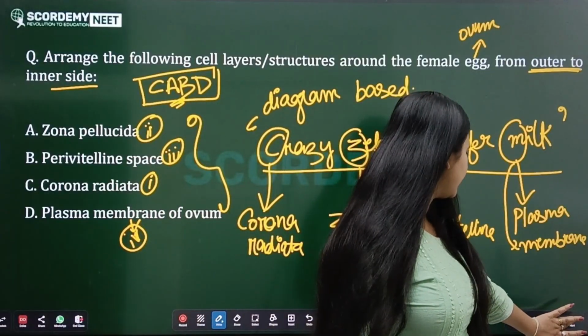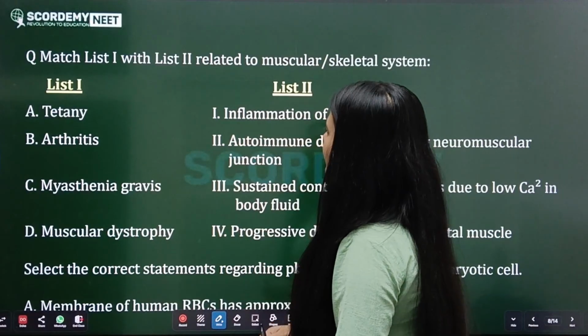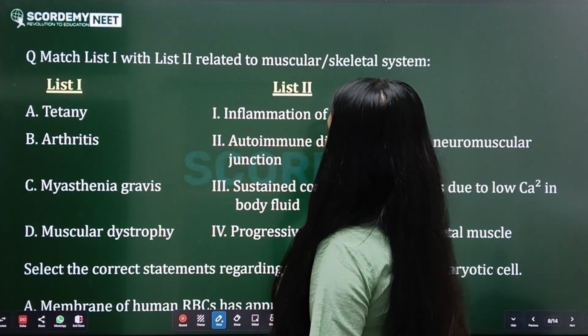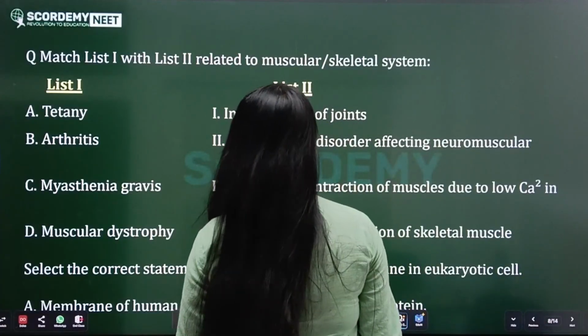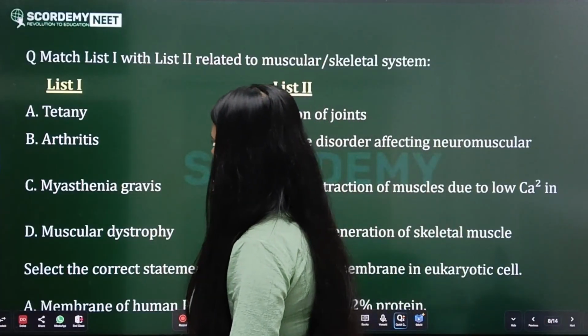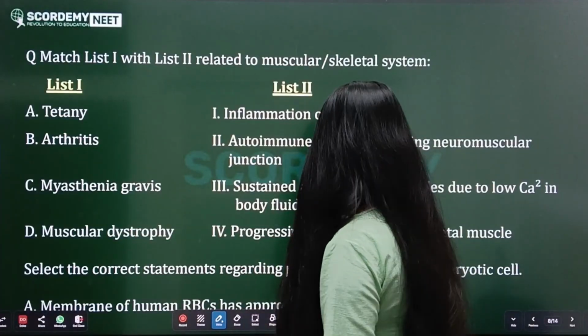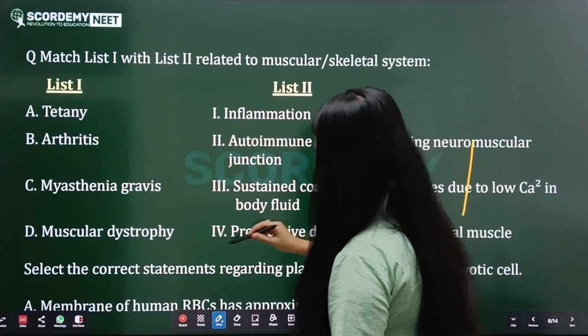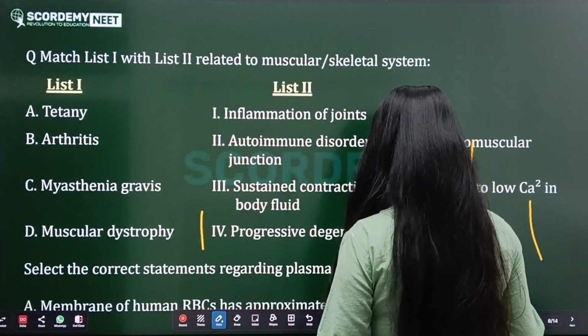Then again, let us see the next question. Okay, next question: match list 1 with list 2, related to the muscular and skeletal system. Which unit is this from?